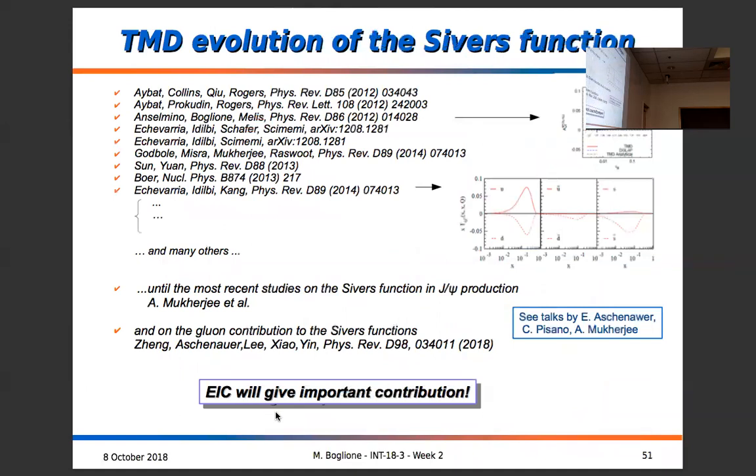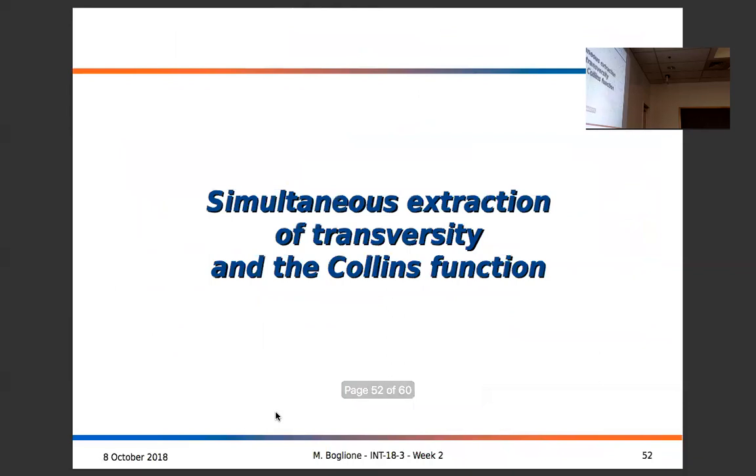Okay, we will have more talks, maybe on the Sivers function. There has been a lot of work ever since. This is by no means a complete screening of the available papers and literature, but I think we will listen to some more details in the next few days.